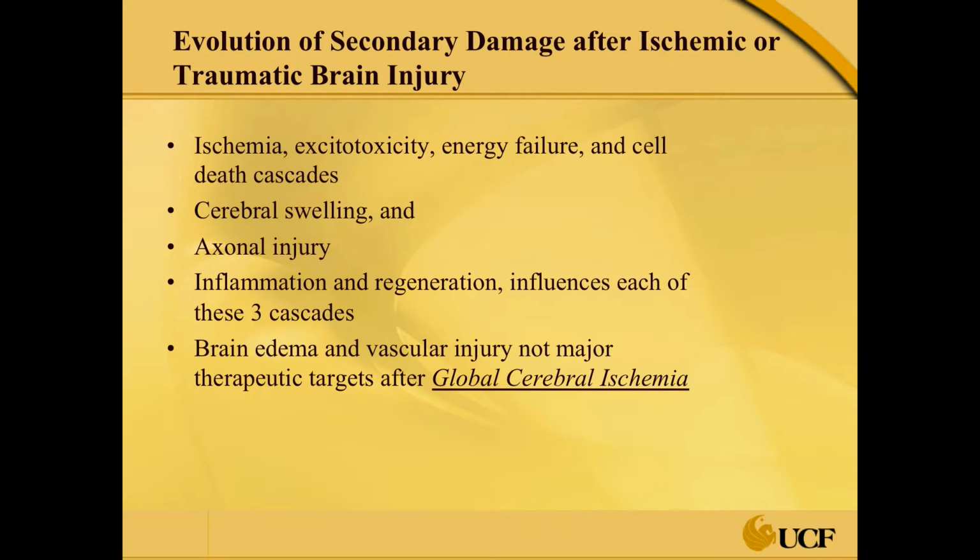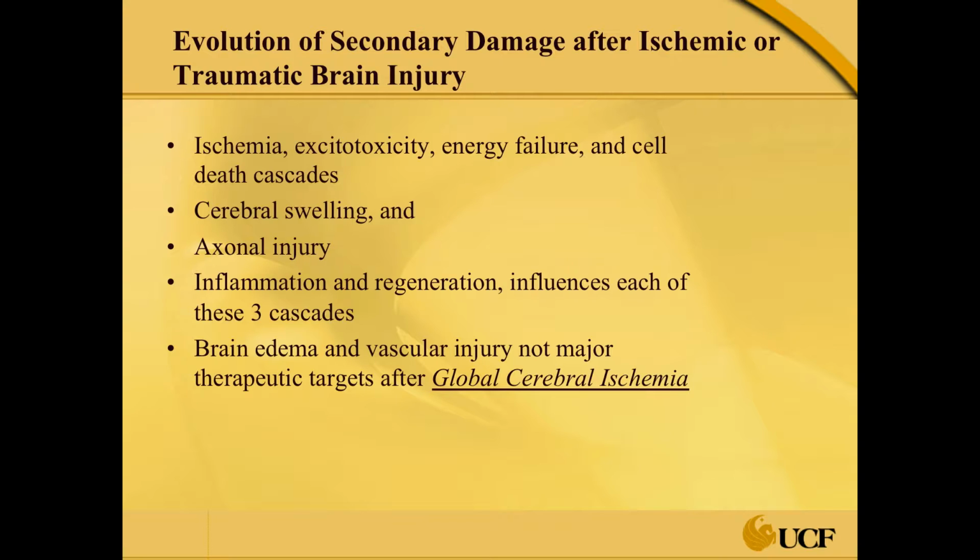Okay, so evolution of secondary damage after ischemia or TBI. So ischemia, excitotoxicity, energy failure, and ultimately cell death cascades. You get cerebral edema and axonal injury. Inflammation and regeneration influence each of these three cascades. Brain edema and vascular injury are not major therapeutic targets after a global cerebral ischemia.